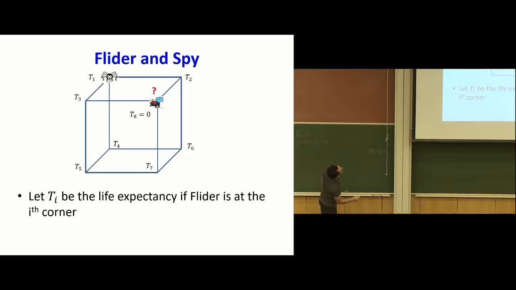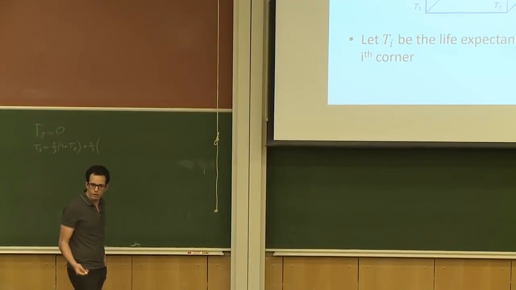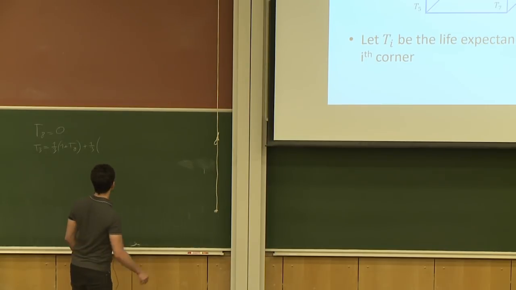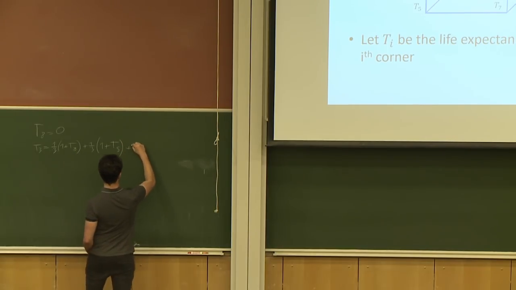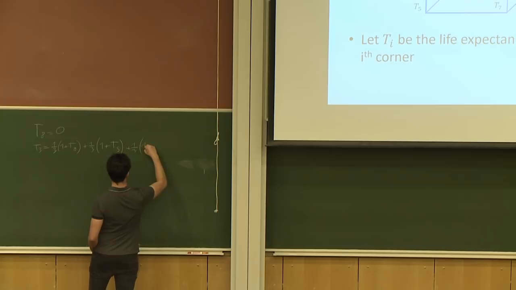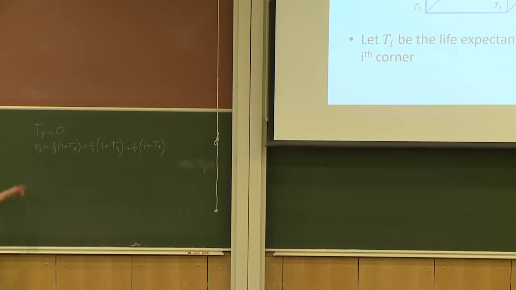So if you go on T5 instead, you don't know the time in T5, but you can still know the relation. So in that case, in one case out of 3, it's going to be 1 plus T5. And finally, one case out of 3, 1 plus T1. So that much you can do for any of the corners, and you get 8 equations.